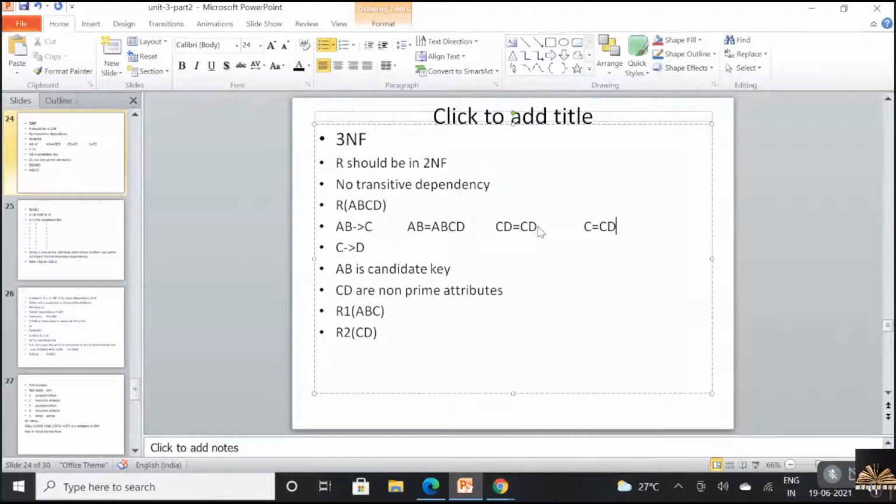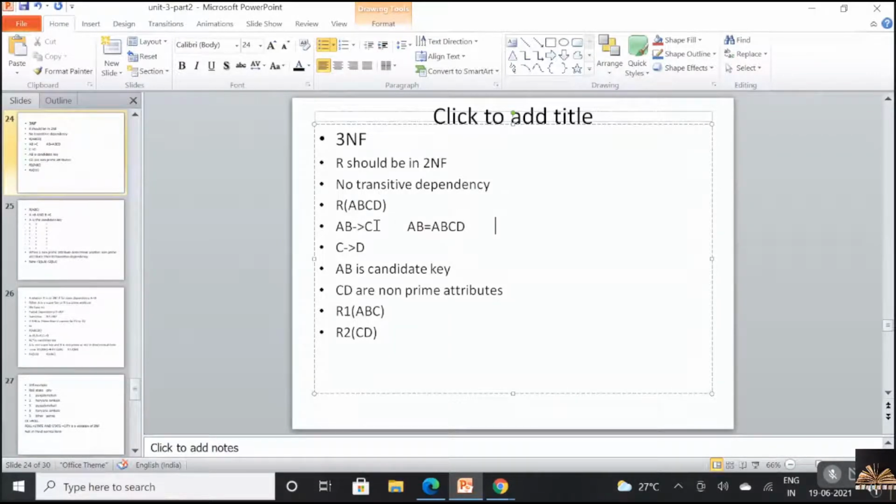So, AB is my candidate key over here. Right. Now, AB implies C. There is no problem with this because AB is the candidate key and there's no problem with a candidate key determining another non-prime attribute, no issues.